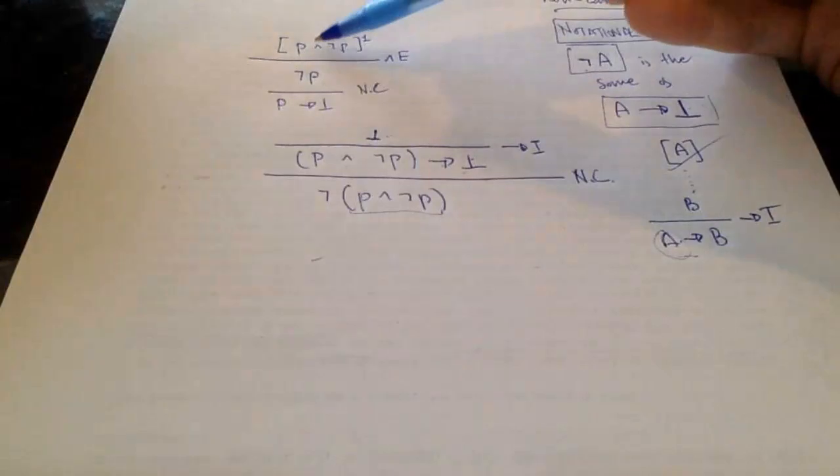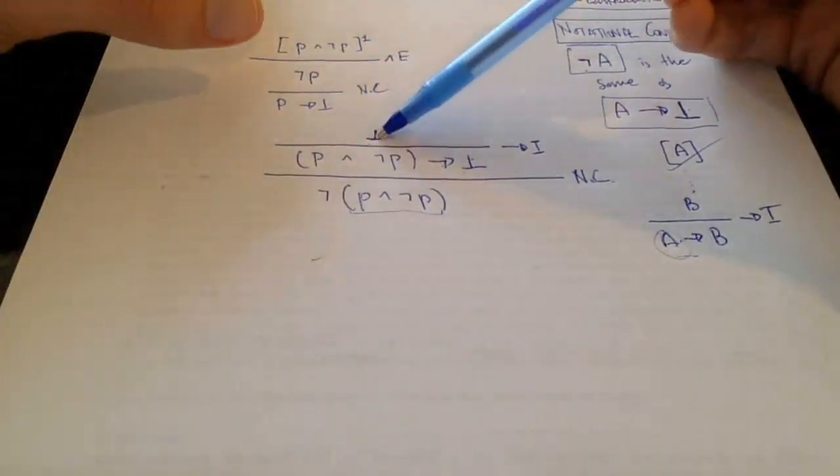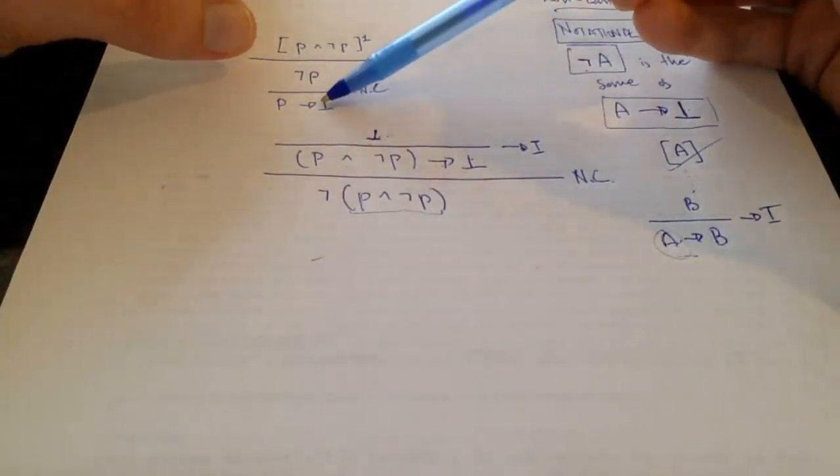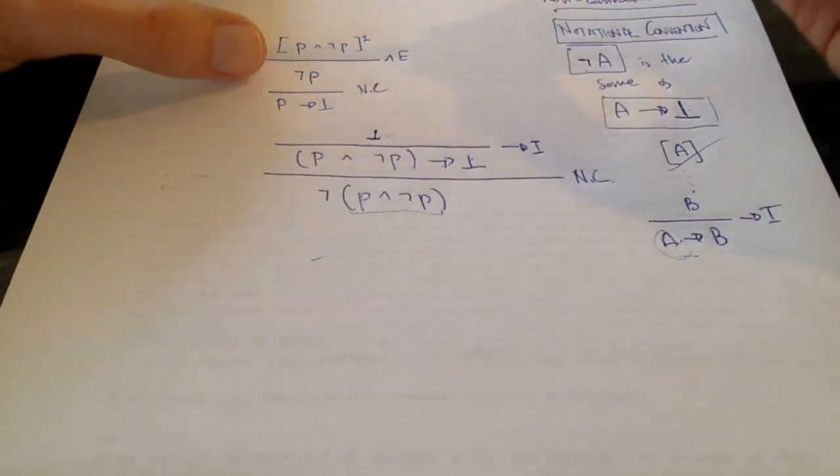All right, so I'm at this point, how can I get to the contradiction here? I have P implies the contradiction.